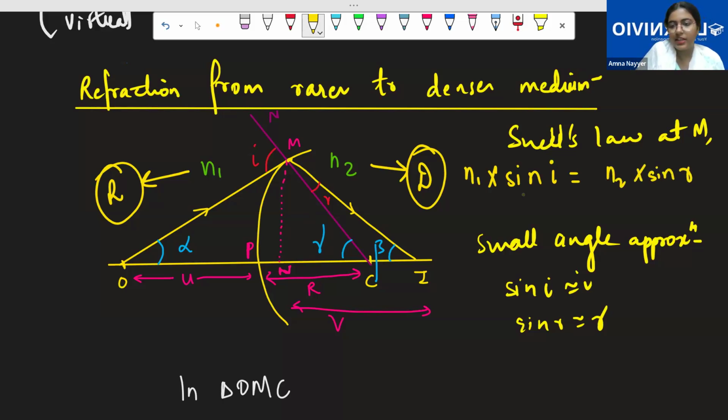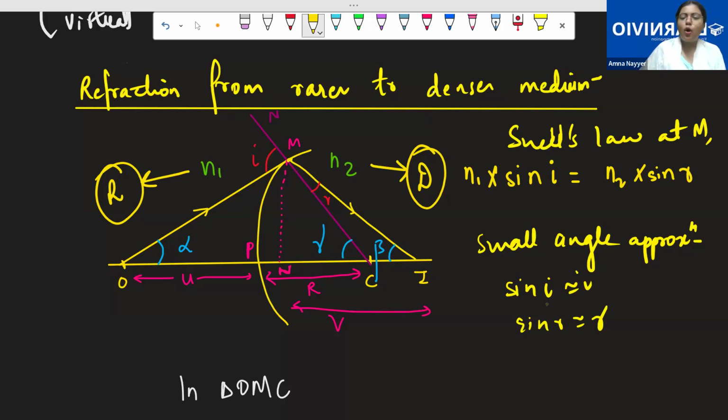Now see, the angles are actually very small here. You can see the deviation, it's so close. So we are going to apply the small angle approximation. For small angle approximation you have conditions: the angle should not be very large, it should be less than or equal to about 15 degrees, like 7 degrees, 3 degrees. These angles are very small for surfaces because it's just a part of the surface, not a mirror or a lens.